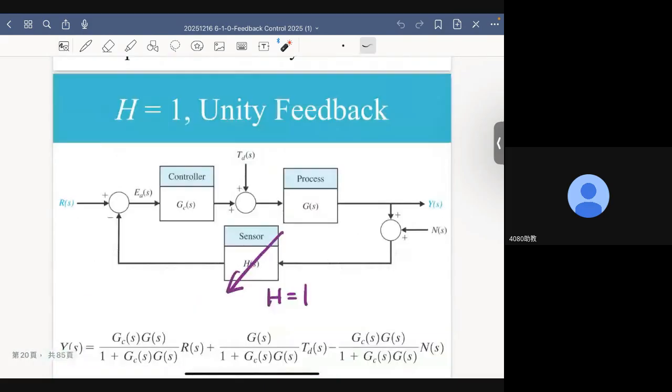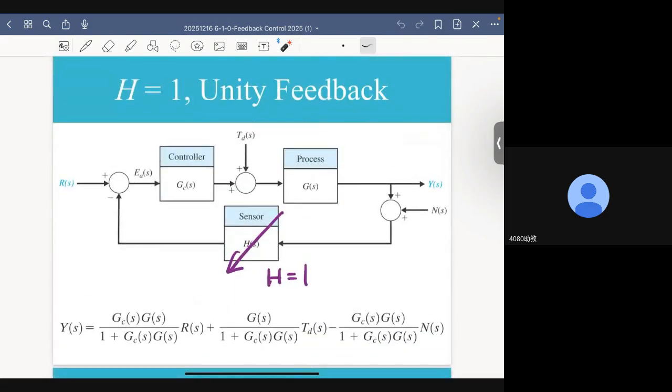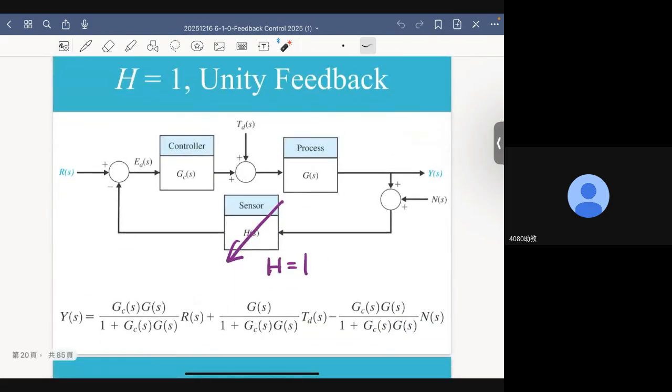As we saw last week, if I assume a unity feedback system, this is my process and this is my controller. G represents the transfer function of the process I want to control, and the controller GC represents the transfer function of the controller that I need to design.